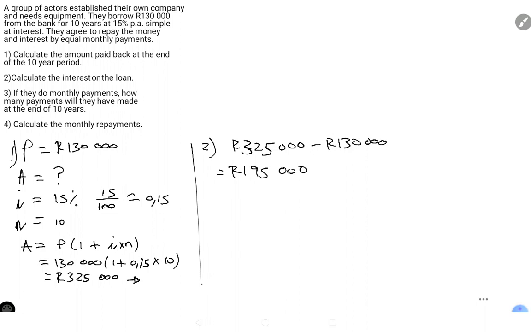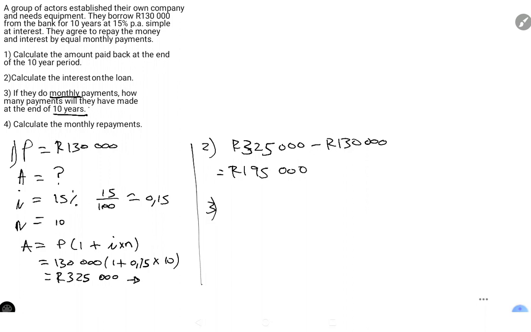Okay, so now here's a question, and it's not a tricky question. Listen, if they do monthly repayments, how many repayments or how many payments will they have made at the end of 10 years? Now think about this. This is easy stuff. So monthly, keywords now, payments, and then they say 10 years.